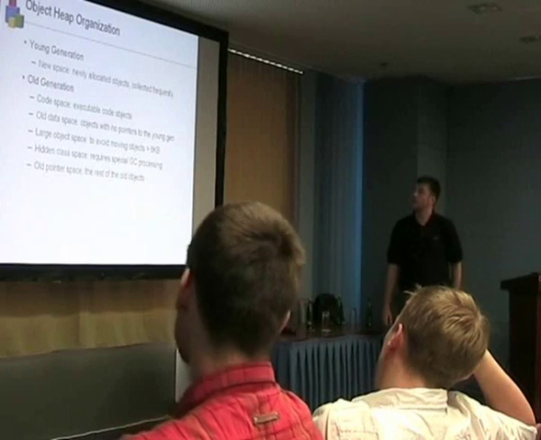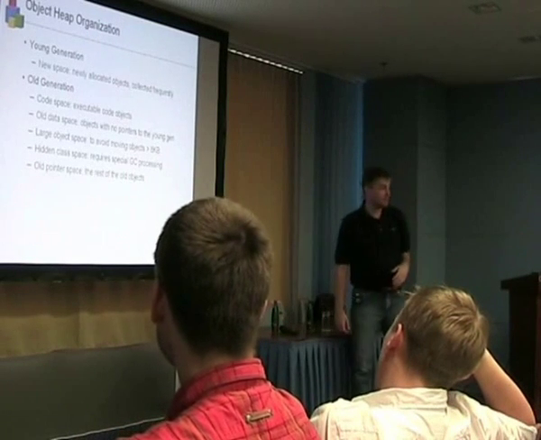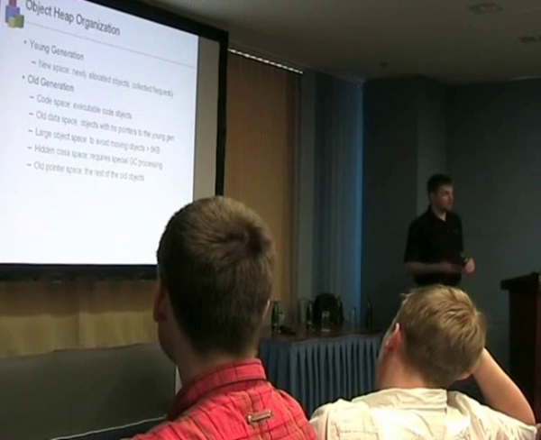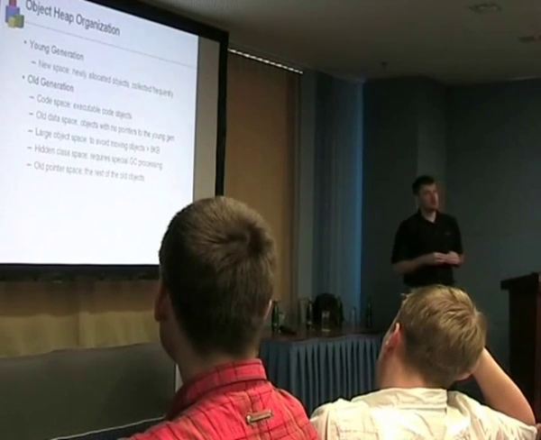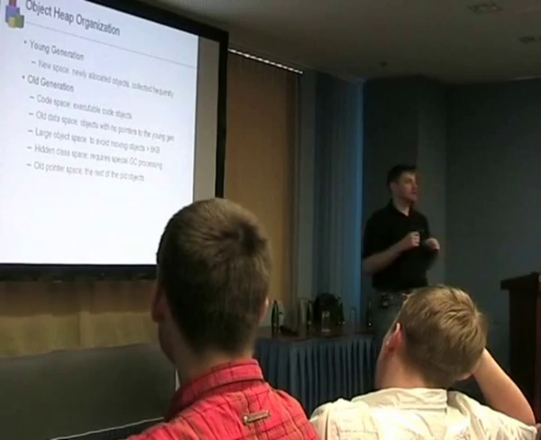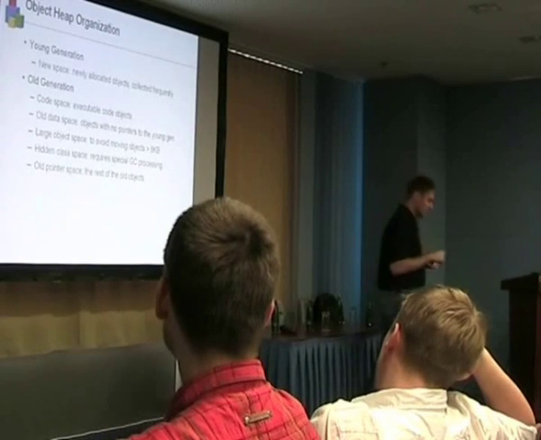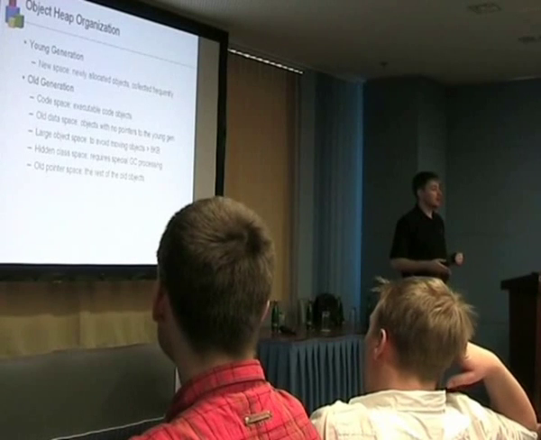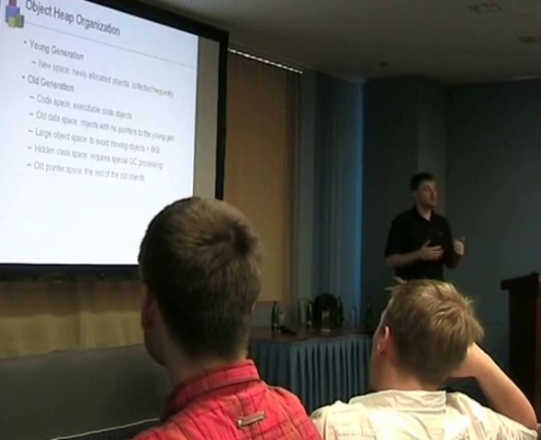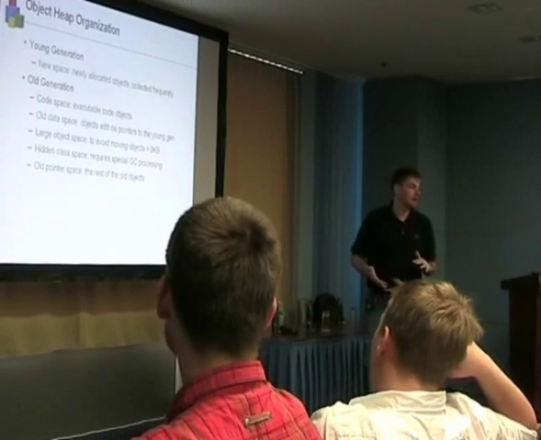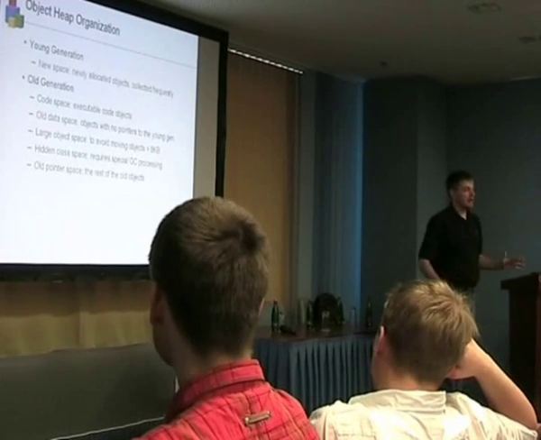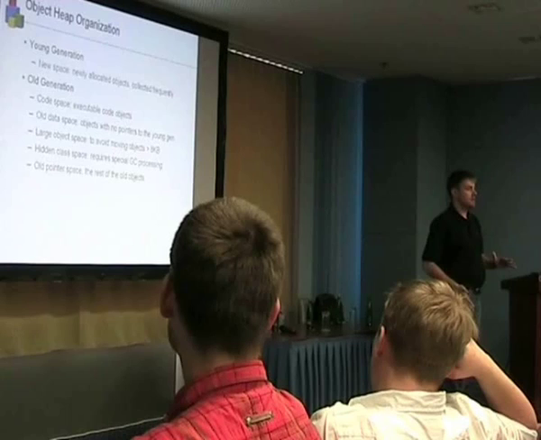So here's the organization of our heap. We have two generations. We have a young generation and we have an old generation. And we have these two generations to make sure that we have small garbage collection pauses. The young generation is garbage collected frequently, and the old generation, we only garbage collect rarely. Okay? So that means that everything that's in the old generation, we don't look at during garbage collections that often.